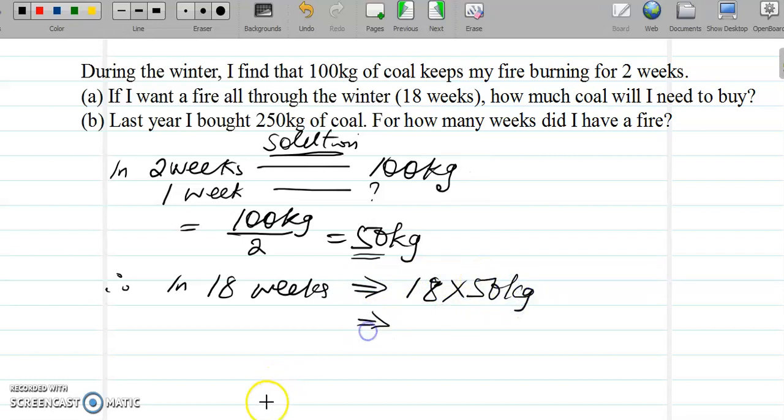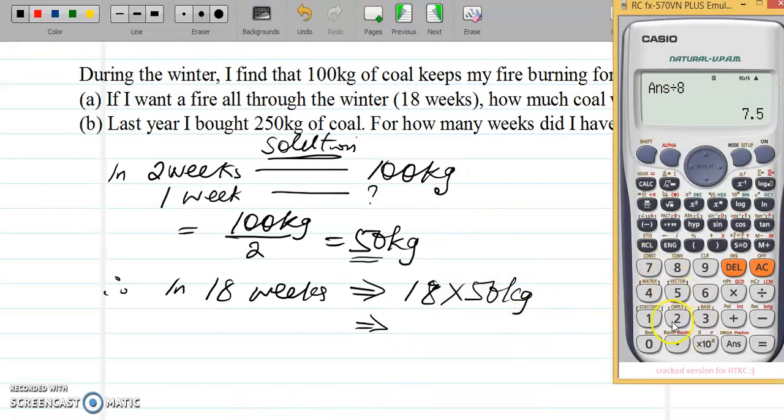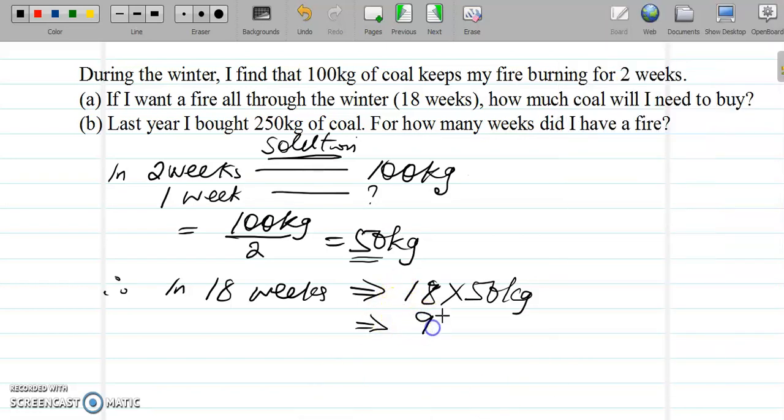So 18 multiplied by 50, we have 900. So we have 900 kg of coal if we want it to burn for 18 weeks.